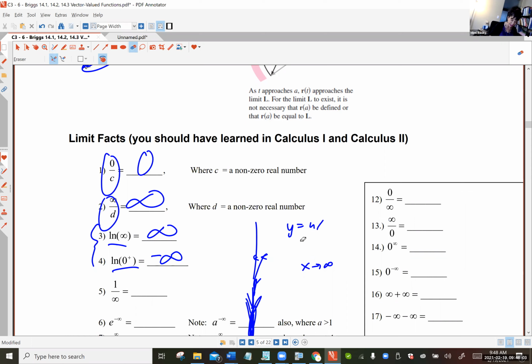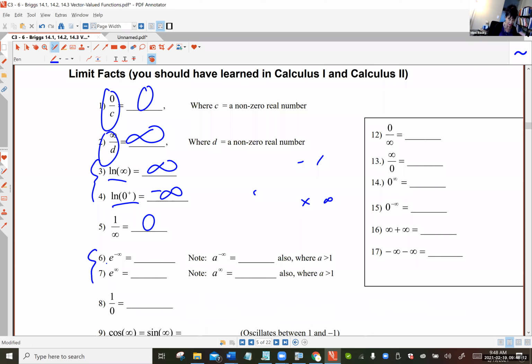How about 1 divided by infinity? What's 1 divided by a very large number? Yeah, 0. Very good. Now, the next two have to do with e to the x. What's e to the negative infinity? Or if you looked at the graph of e to the x, what's the limit of e to the x as x approaches negative infinity?